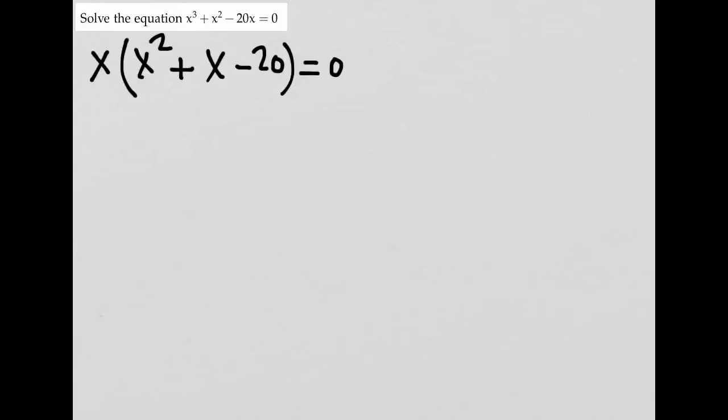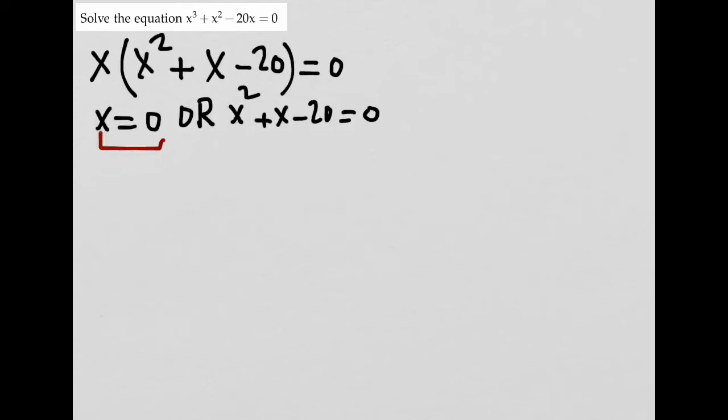Using the zero product property, we know that x is 0, or x squared plus x minus 20 equals 0. So we already know that x equals 0 is a solution to our equation. And to figure out the other solutions, we need to solve this quadratic equation.